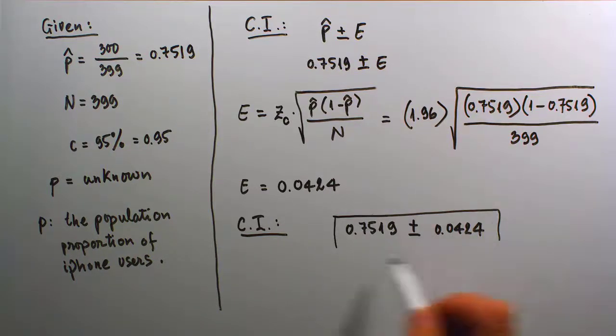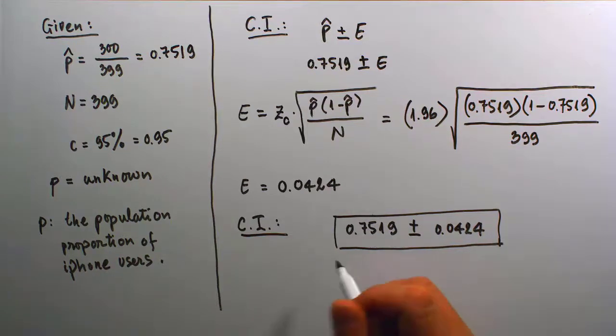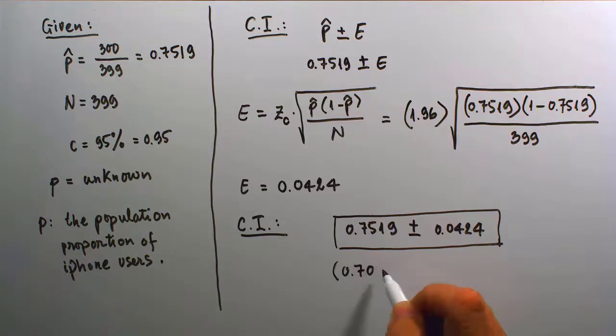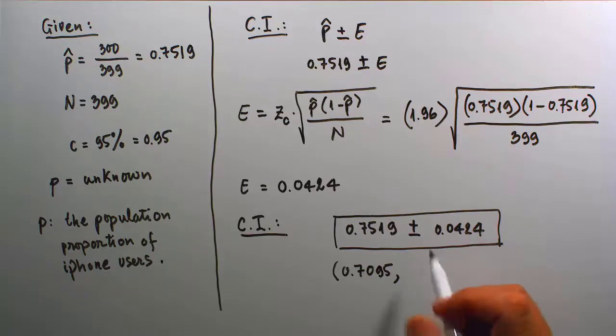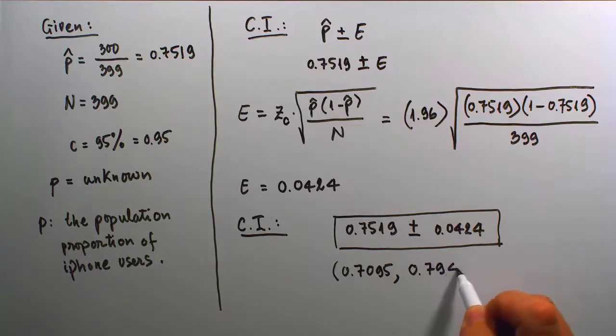So that's our answer. And this answer, once again, in traditional format, shows the low end is 0.095. That's the low end. And this traditional format shows the high end of the interval is 0.7943.